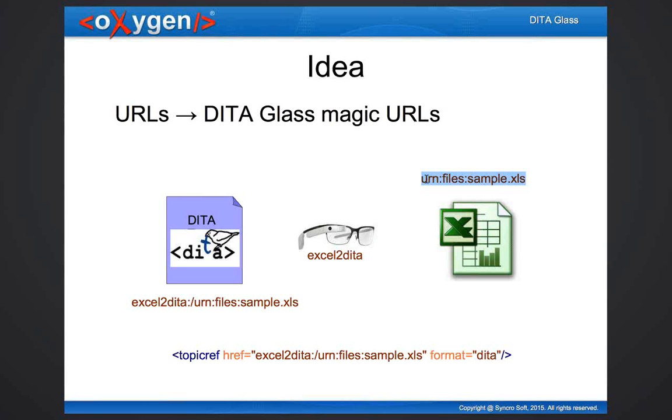So basically, if we look at this Excel file identified by this URL, through this URL which says excel-to-dita and then points to the other URL, we will see a DITA topic.